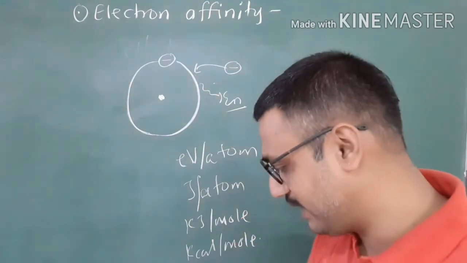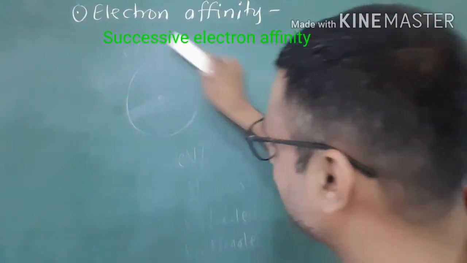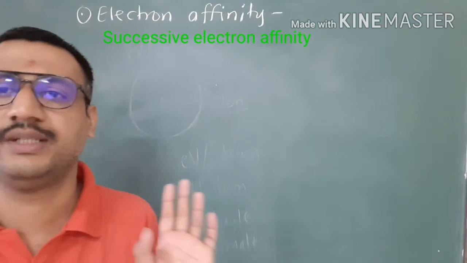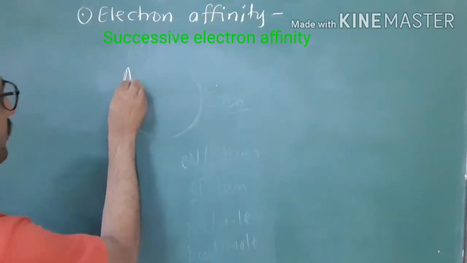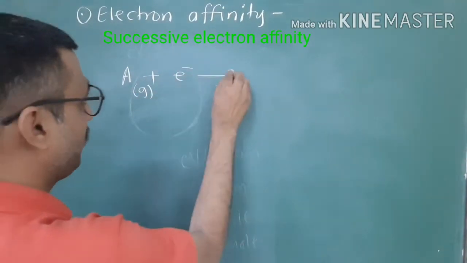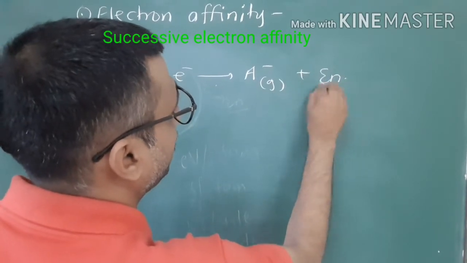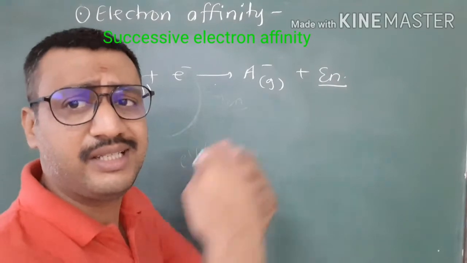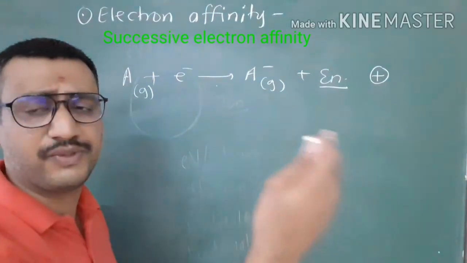Successive electron affinity means what? Whenever we put an electron in an atom, generally energy is released. For example, A is a general atom in the gaseous state. If we put an electron, it becomes A minus in the gaseous state. In this case, whatever energy is released is the electron affinity, and this released energy has a positive value, for example plus 50 kilojoule per mole.